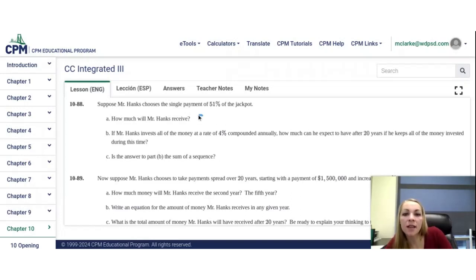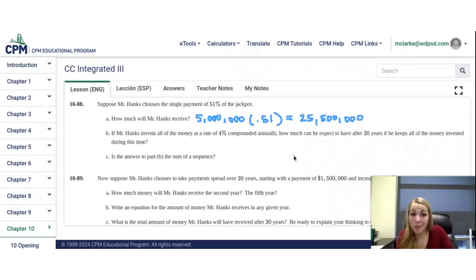We're going to take the $5 million that he would get and multiply it by 0.51. That's going to be his take home right away. And so he has $25,500,000 if he does that, okay? But he's going to invest this money, that means put it in the bank, don't touch it.